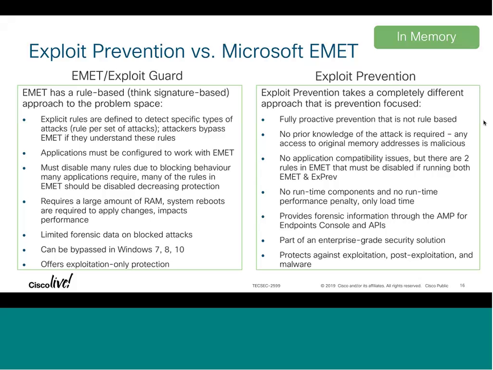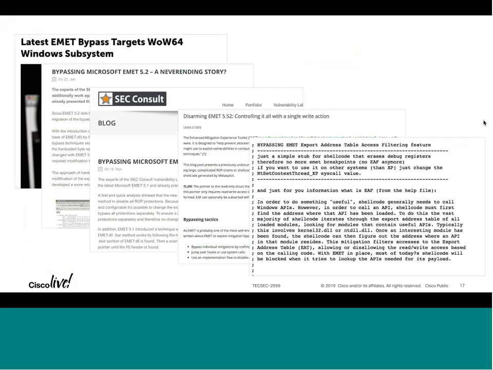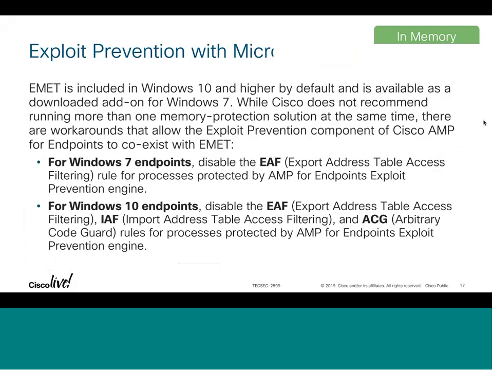So basically, that's the big difference. I think most of this we can keep as reference material. There are several examples of how Microsoft EMET was bypassed successfully. By just doing a quick Google search, I'm sure that you can find many more examples of this being bypassed. So I'll keep it here for you.